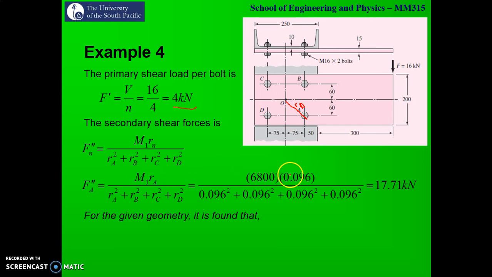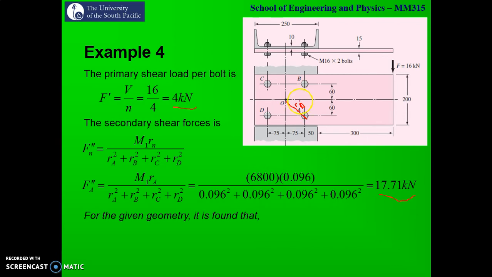The distance Ri was 96 mm, which converts to 0.096 meters. Then we have Ra squared plus Rb squared plus Rc squared plus Rd squared. Looking at the geometry, the distances of all the bolts from the centroid are equal, so all these values are the same. Once we do this calculation, we get our secondary shear as 17.71 kilonewton.